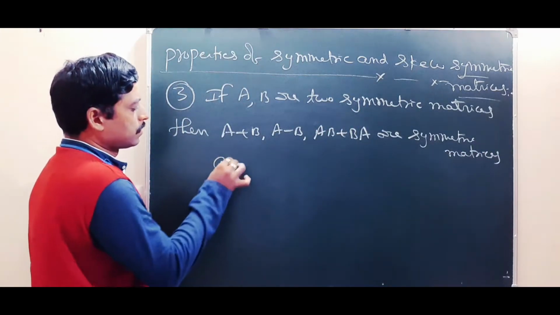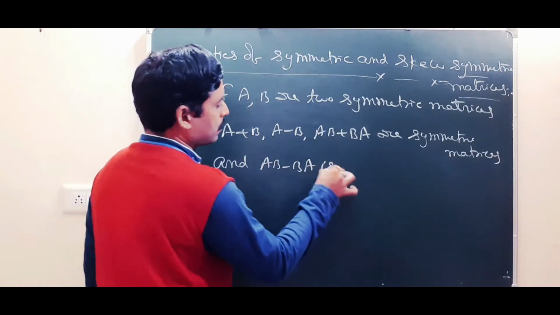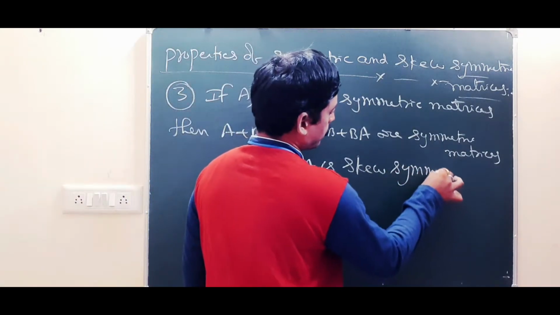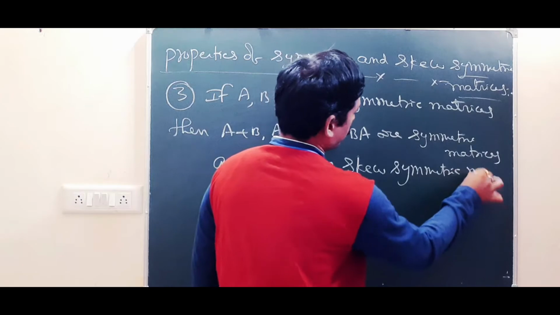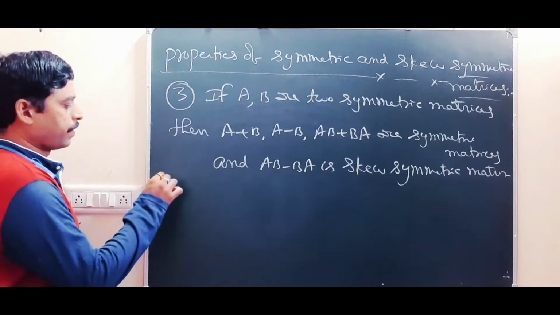And AB minus BA is a skew symmetric matrix.